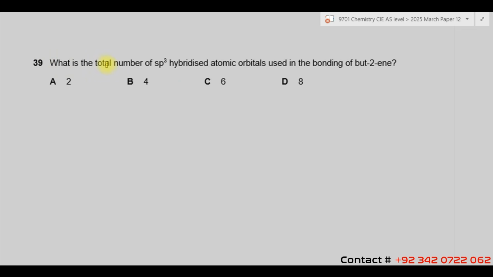Question 39. What is the total number of sp3 hybridized atomic orbitals used in bonding of but-2-ene? Let's draw the structure of but-2-ene. On second and third carbon we have double bond. Rest are the number of hydrogens.